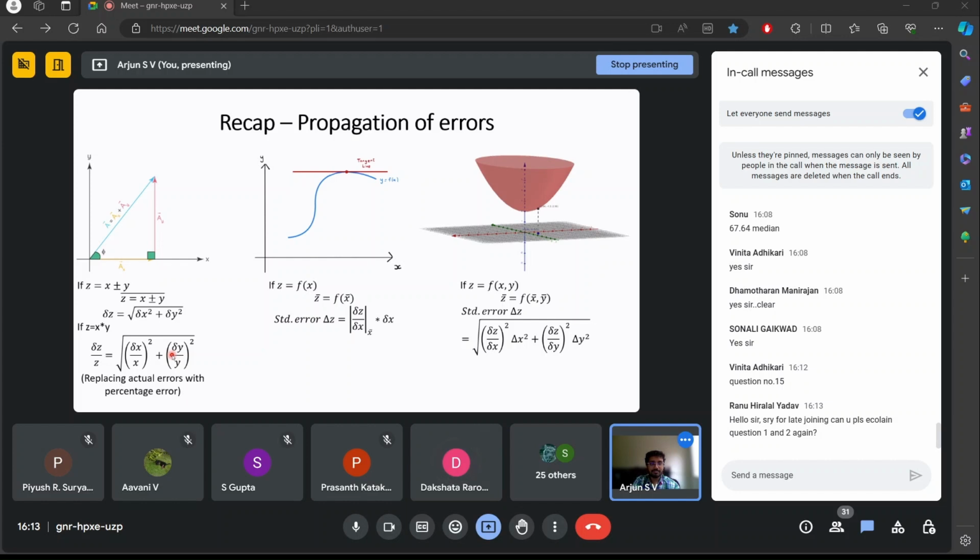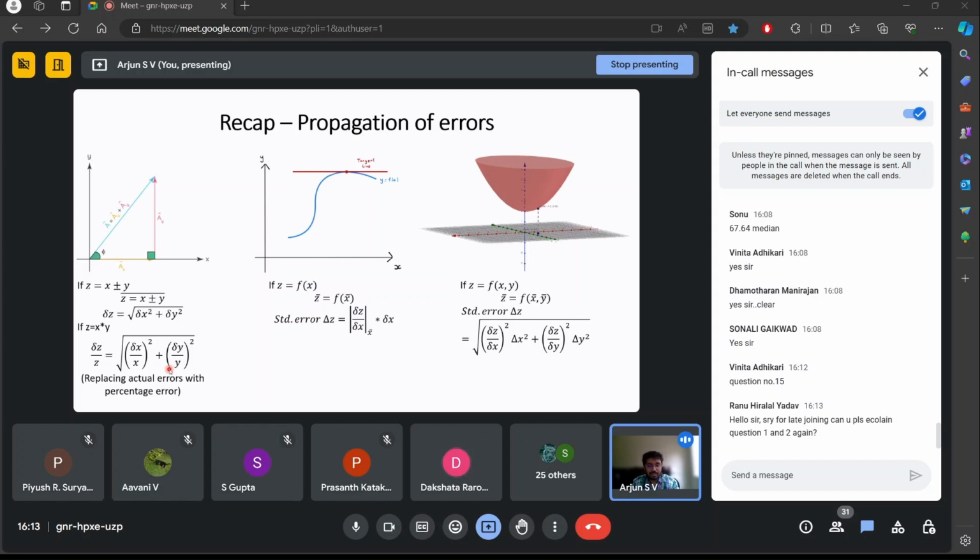Okay. Z value is the mean, and delta x and delta y we calculate. Yes. Then divided by the x and y values. Yes, x and y is just x bar and y bar. You just substitute x and y with x bar and y bar. And delta x and delta y, they have already given you the standard errors. You have to calculate the standard errors, right?